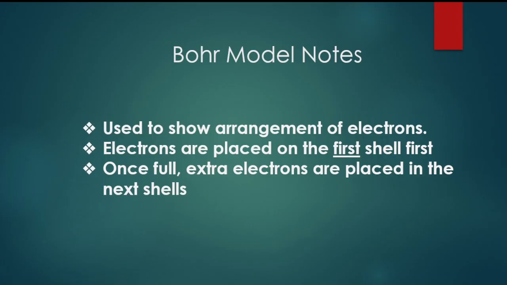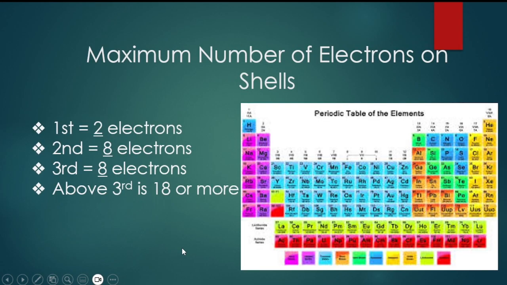So we fill the first energy level, then the second, then the third, kind of like we write our electron configurations, okay? And the different shells have a maximum number of electrons. The first energy level, or first shell, can only hold 2 electrons. The second shell can hold 8. The third shell can hold 8. When we get to the fourth and above, we're talking 18 or more, okay?